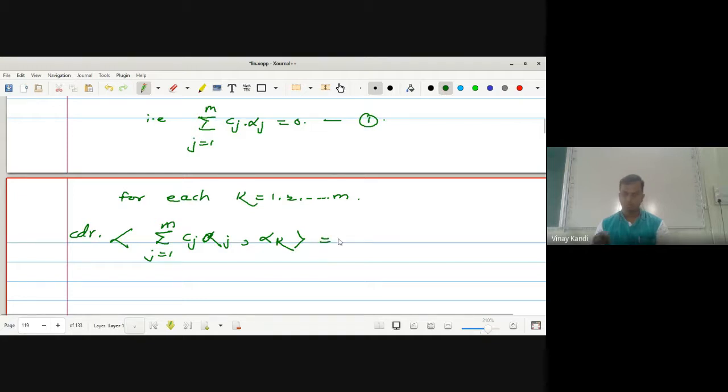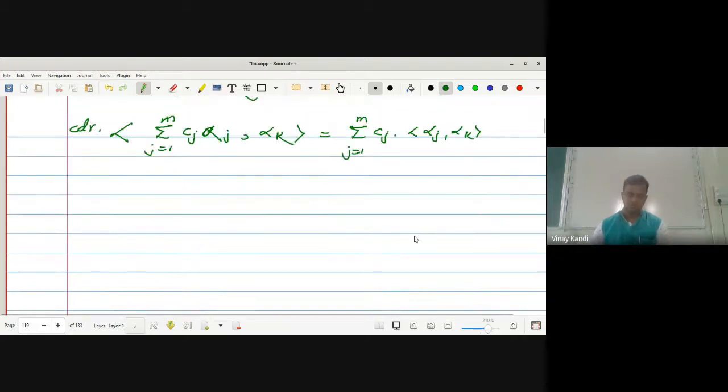So I considered this inner product. Then by the linearity property of the inner product space, this is summation j running from 1 to m of Cj, where Cj is a constant, times the inner product of alpha j with alpha k. Now run j over m.